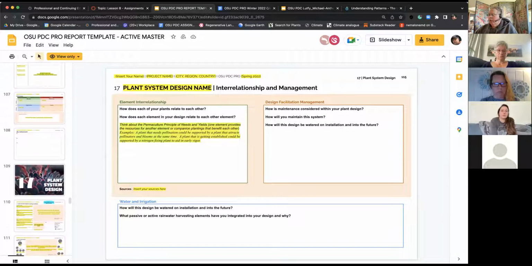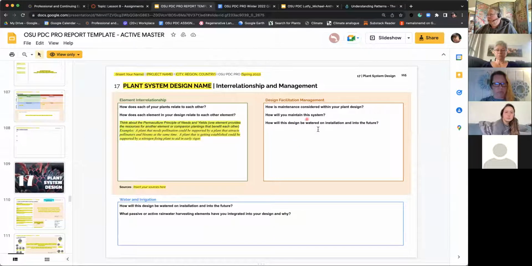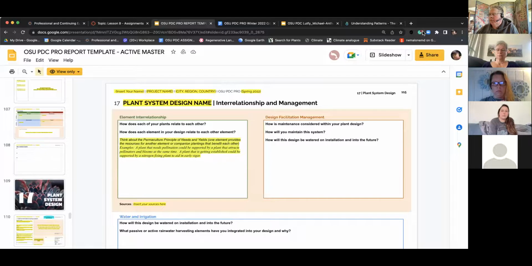I don't believe, if we look at the example, that it had this page in it. So that's one thing to keep in mind if you reference any of the student examples, because the template file has been refined every time we go through a course. Some things get added, some things get removed, but that is definitely an addition.